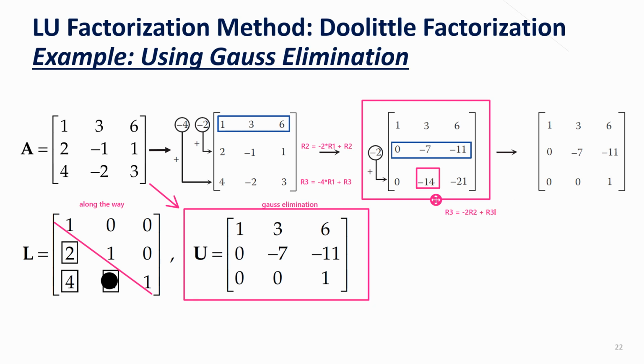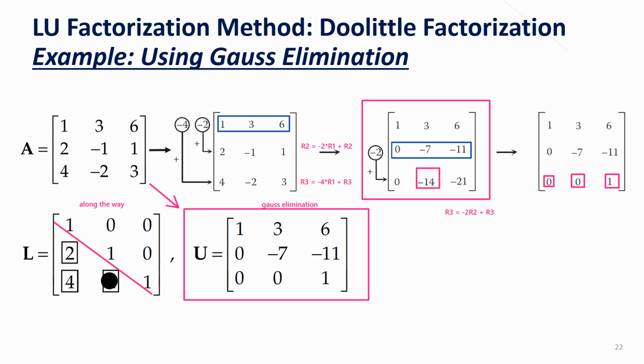Correct? You can see now the calculation here. This one is still 0 here. Okay, this one minus 7 plus, multiplied by minus 2, 14 plus minus 14, so it becomes 0. Then minus 11 multiplied by minus 2 is 22, and then this becomes 1.